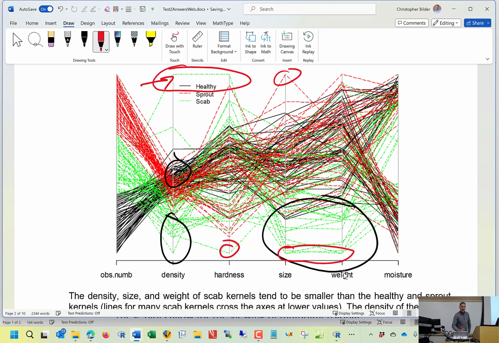This particular observation has a large density and a large hardness. So that's what you could have focused on in this plot. I saw it was an outlier, with very large density, very large hardness, and I see it in this principal component number 2. That would have been the easiest way to answer that problem.